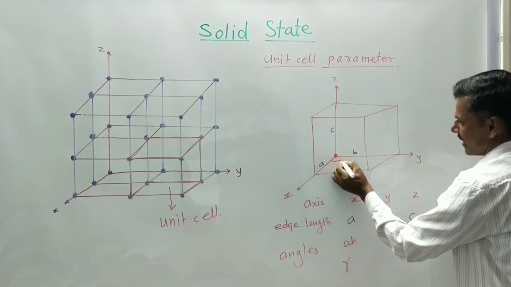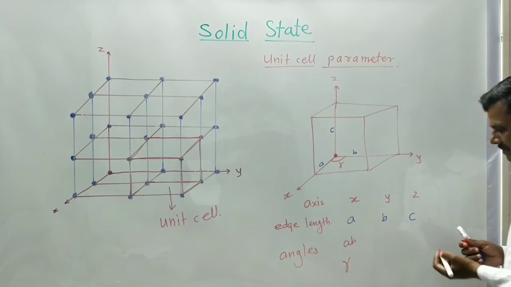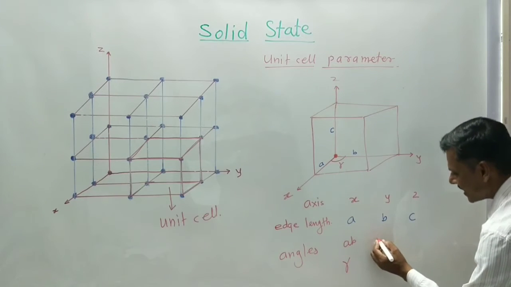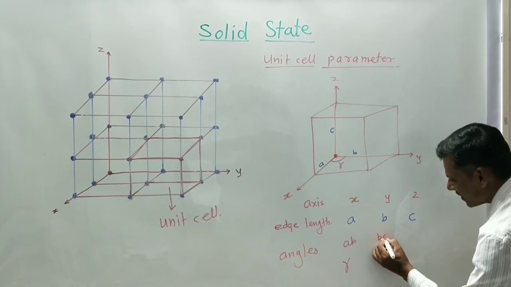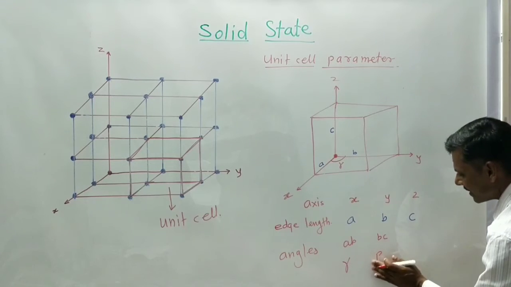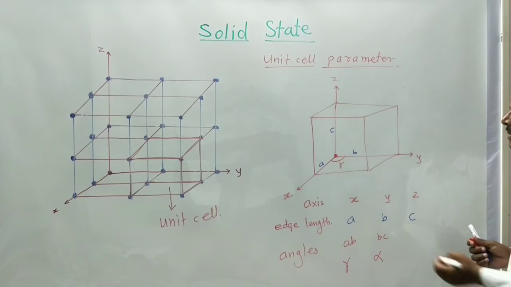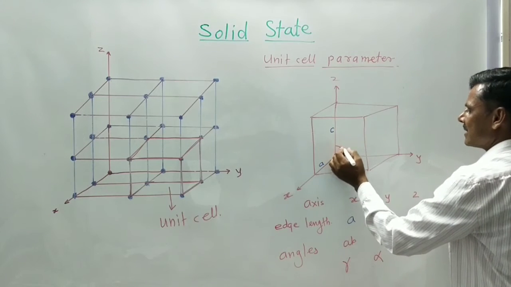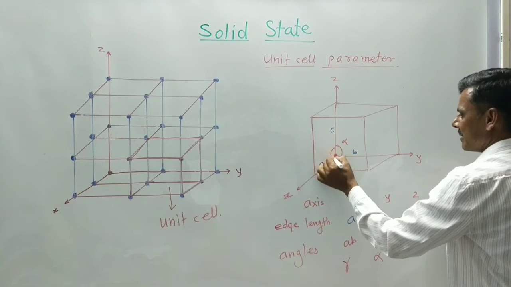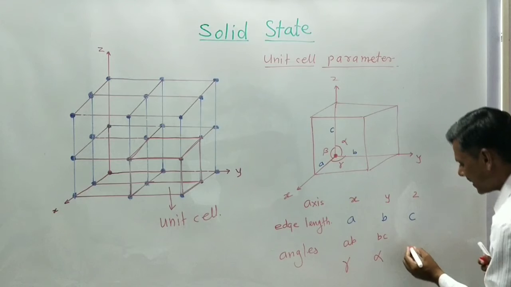So this angle between A and B is gamma. The angle between B and C, this angle is alpha, and the angle between A and C is beta.